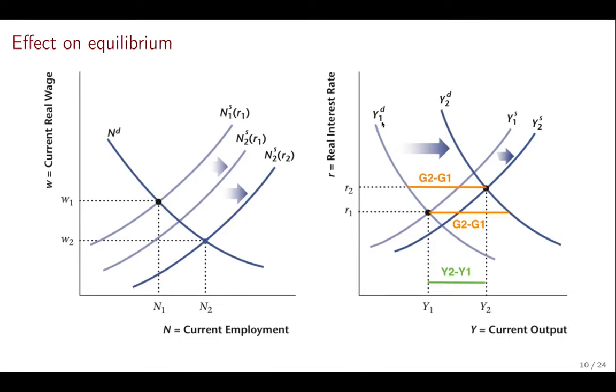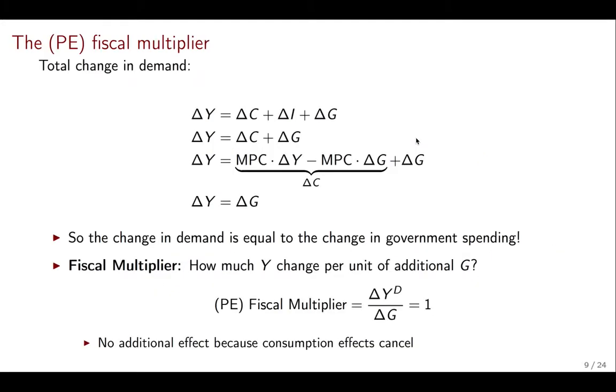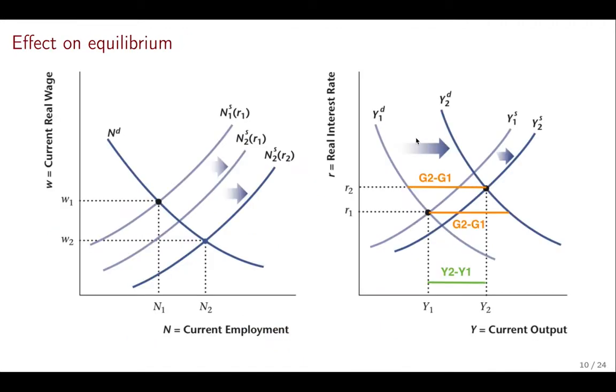When government spending goes up, what we just proved in this slide is that if you hold the interest rate fixed, then the change in aggregate demand is equal to the change in G. So holding the interest rate fixed, say at a level R1, you're going to move from Y1 all the way to Y1 plus the change in G. We know for a fact that the distance between these two points is exactly equal to the change in government spending.